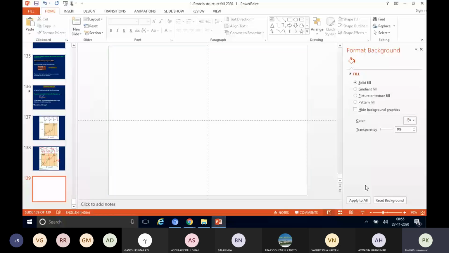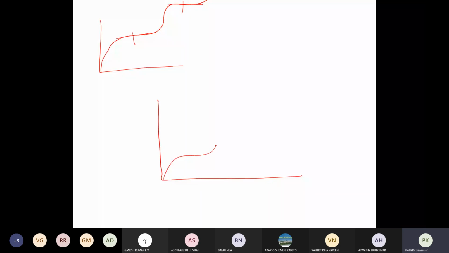For example, you can see here that if the amino acid has only two ionizable groups, in the sense one carboxyl group and one amino group, you would see only two flat regions. And if the amino acid has three ionizable groups, you will see one flat region, another flat region, and another flat region.